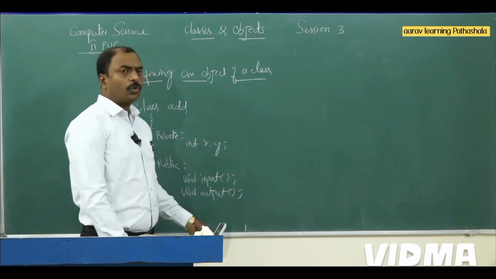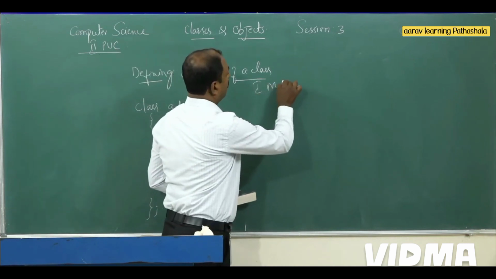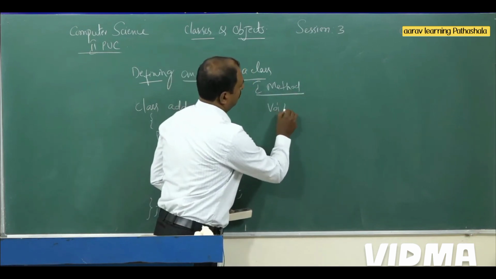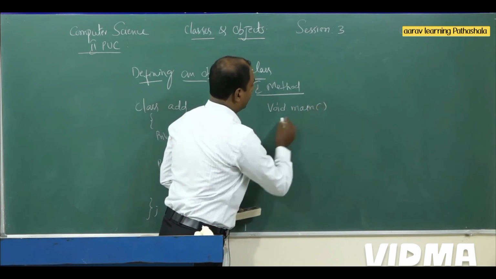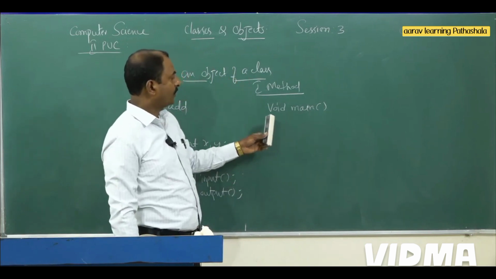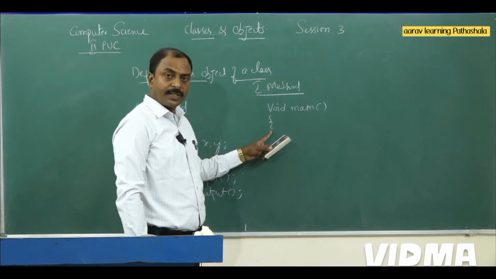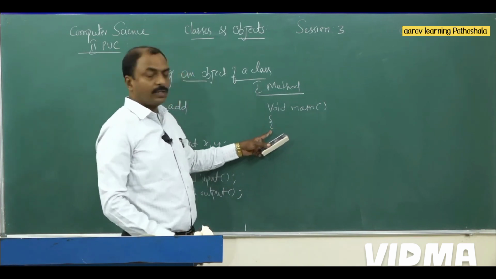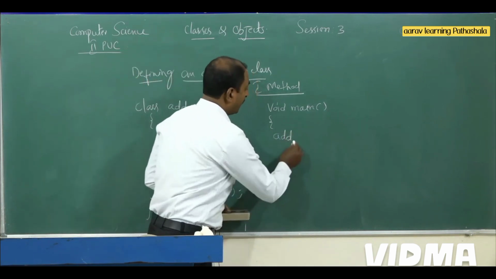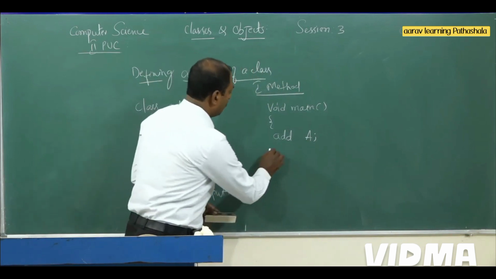Now how do we create an object of a class? This is the first method. This is the void main function, and here we are supposed to create an object. By looking at the previous example, we write the name of the class, add, space, for example A, and close this.